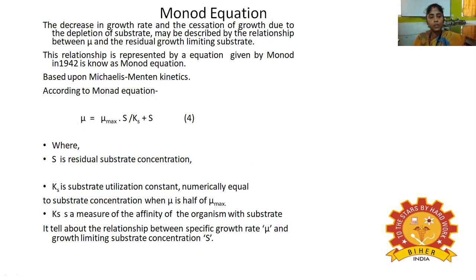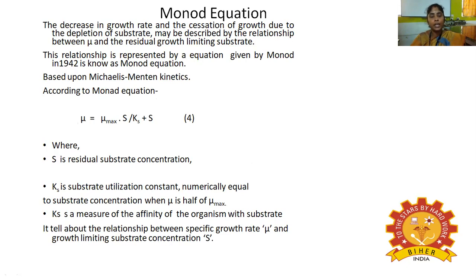The next one we'll see is the Monod equation. As is clear, in batch fermentation the nutrient as substrate is utilized by the microorganism for product formation, and from that equation we can also calculate the specific growth rate.